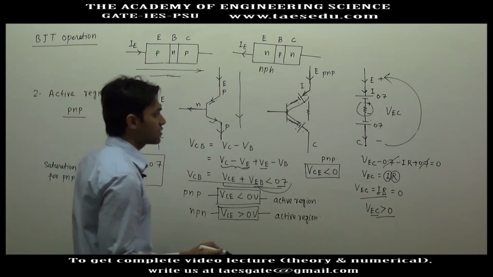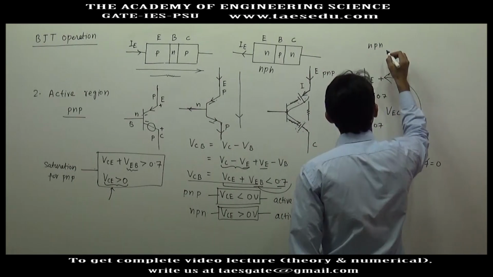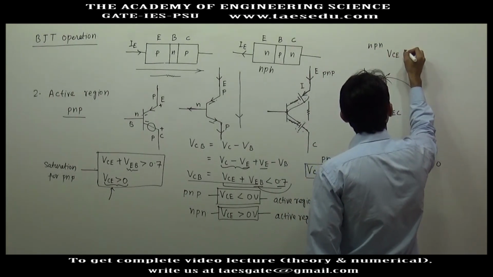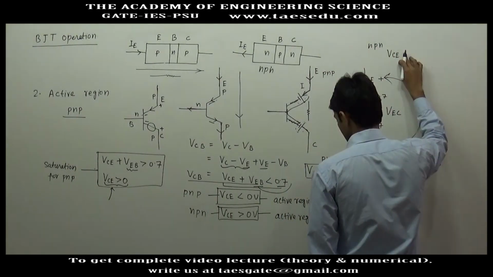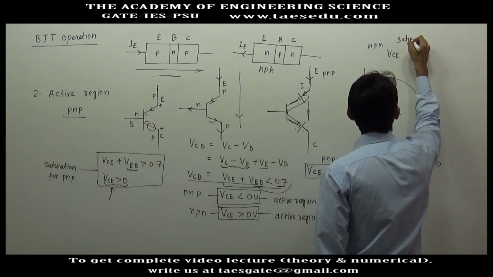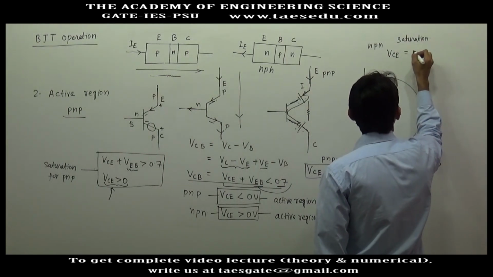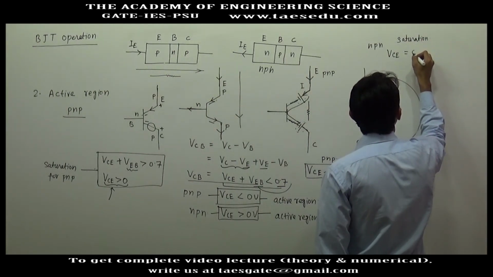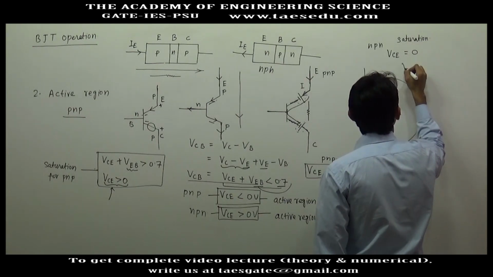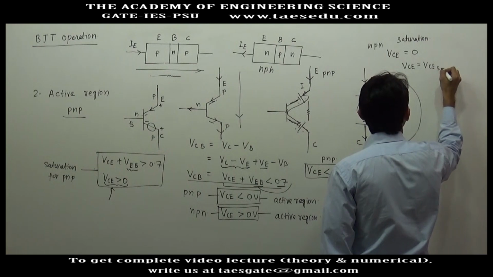Similarly, for NPN transistor, in ideal case, if it operates in saturation region, VCE will be equal to 0. But due to resistance, there will be some voltage drop that will be called VCE saturation.